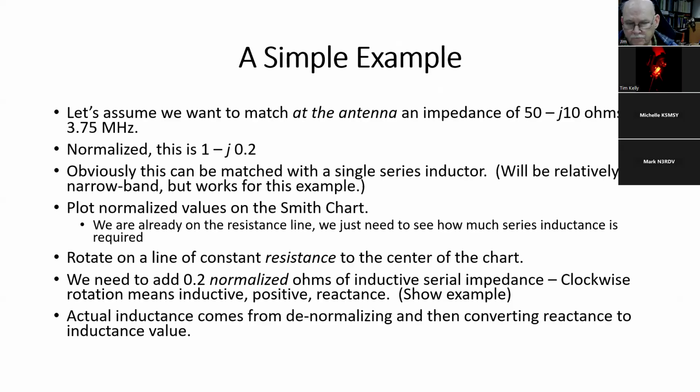And okay, so that's nice. How do we get to the inductance? Well, first we need to denormalize it, which means multiply it by system impedance. And then you probably all remember, X sub L is 2 pi j f L. Well, you do some algebra and L becomes 1 over 2 pi j f.